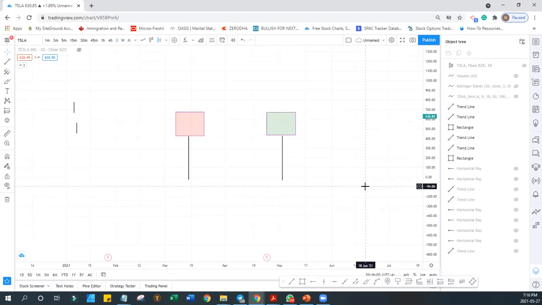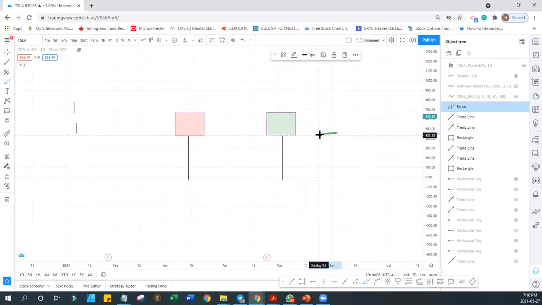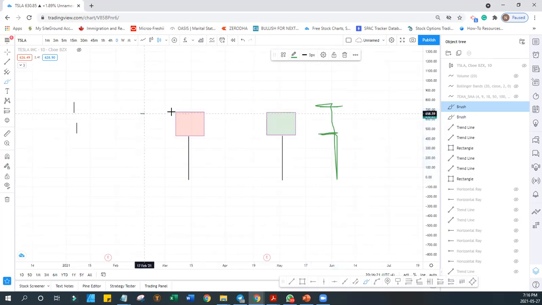Okay, good. Why? If you interpret this candle, you can say the price opened here, somewhere the price went down, then the bulls came in again and took the price up and were able to close it here. That's why the bulls are in control. Here, the price opened here, price went down, but then the bulls came in and managed to close it higher because this was too low.